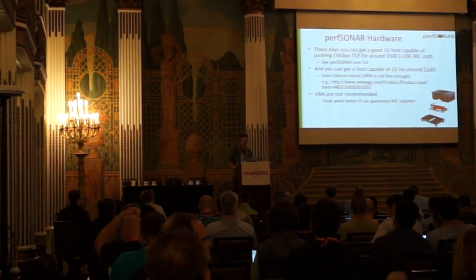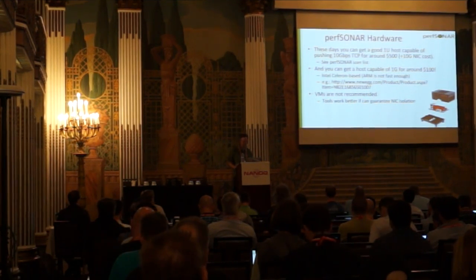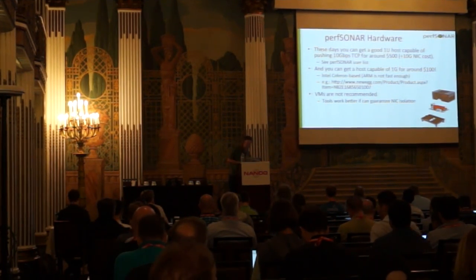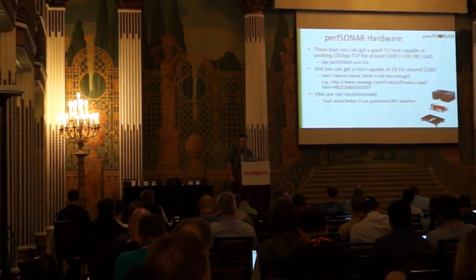But with a Celeron processor, you can get 900 megabits per second, maybe 990. So we're currently experimenting with this device from Liva, I don't know how you say it, and plan to officially support some of this lower cost hardware in the next release.